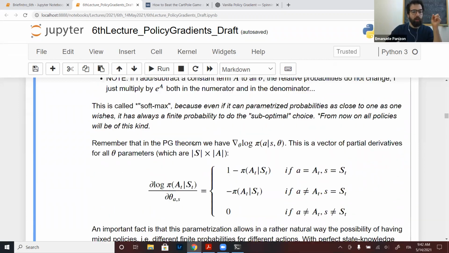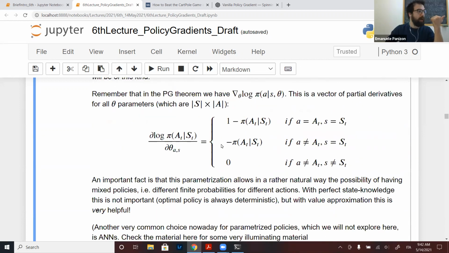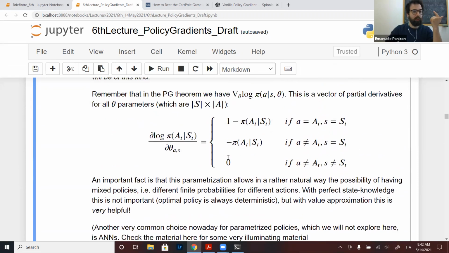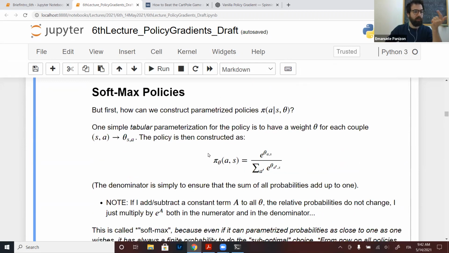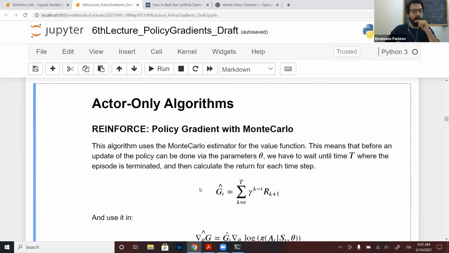Okay, so we know how to construct a gradient to follow. We know what parameterization we want to use for our policies. Now we just want a way to estimate this quality factor. REINFORCE is always one of the first algorithms treated in books and in reviews, because it's very simple.